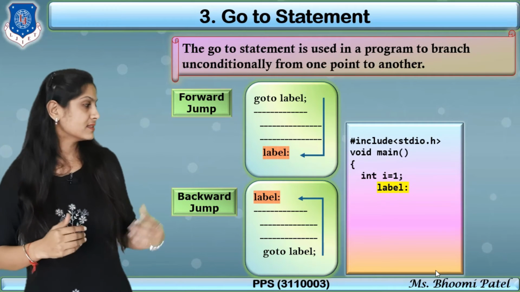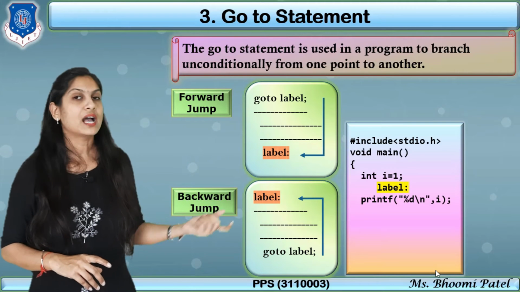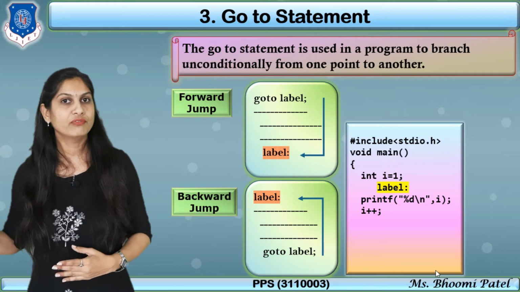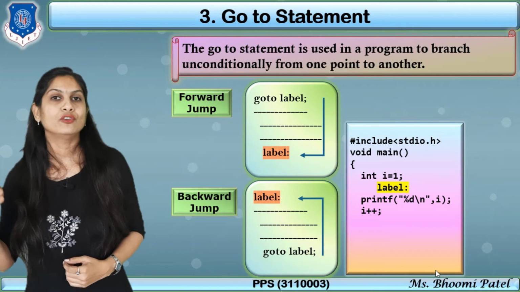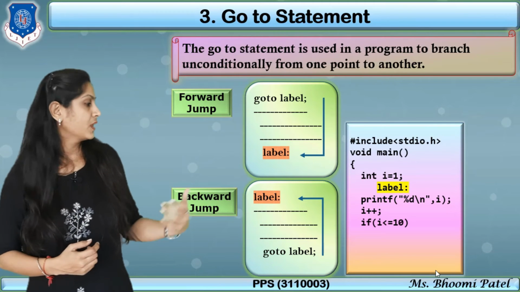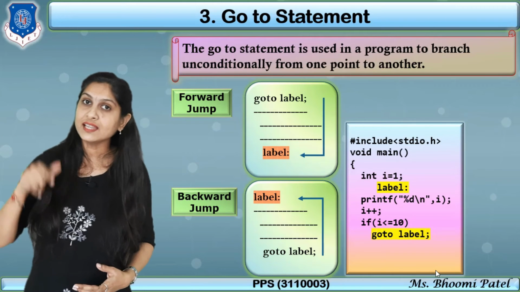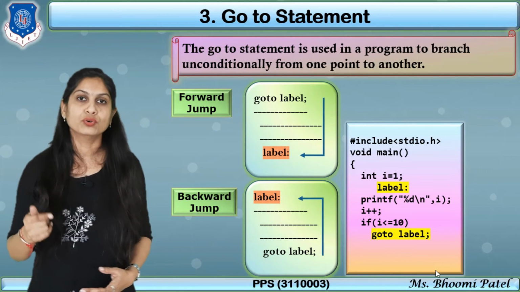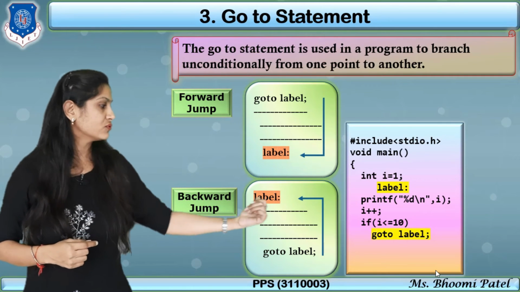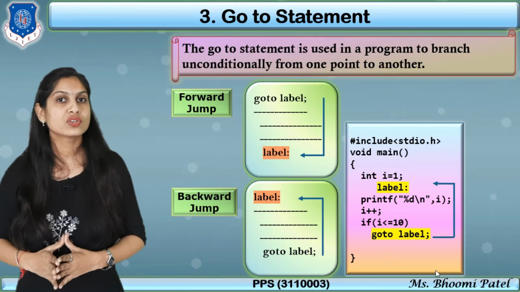In this case the label comes first, so just write the label, then after the label we write printf: %d \n, value of I. That means we print the value of I, and then I is incremented, I plus plus. Then if I is less than or equal to 10 and this condition is true, we have to use goto and then the label. So this is the use of goto.